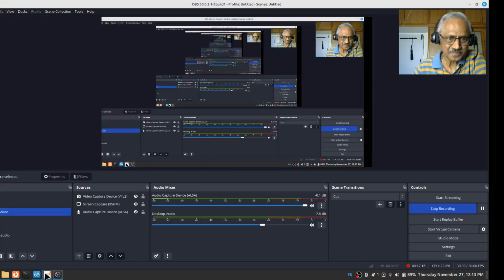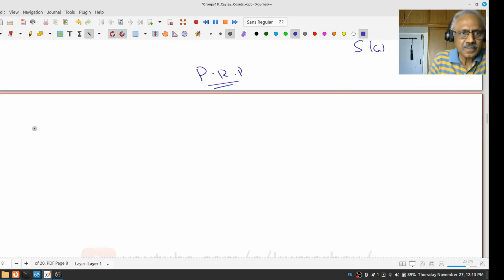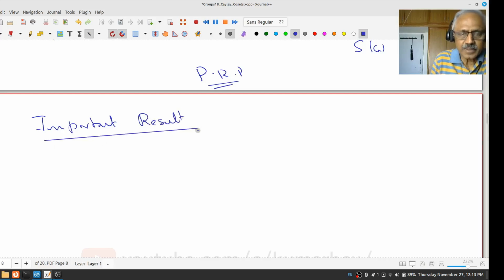Therefore Zn is isomorphic to G. That means if G is a cyclic group of order n, G is isomorphic to Z mod n, Zn. So this is a very important result. Okay, I should kick myself. I forgot to do that yesterday.